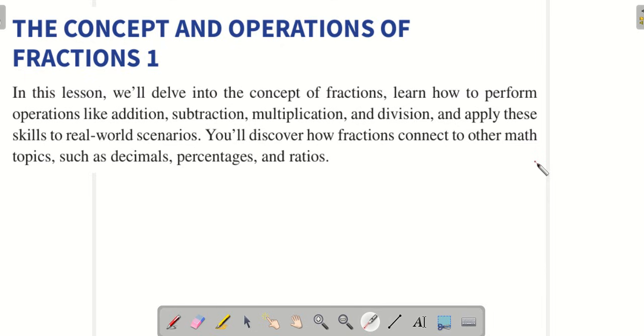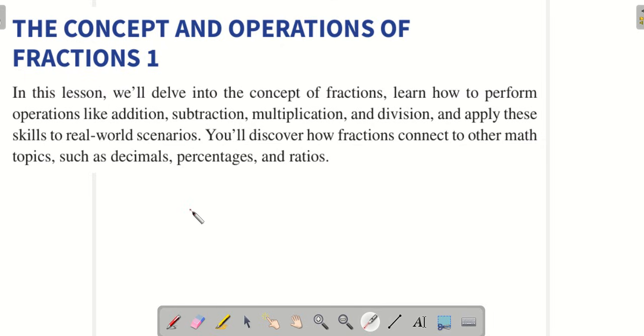The concepts and operations of fractions. In this lesson, we will delve into the concept of fractions, learning how to perform operations like addition, subtraction, multiplication, and division, and even apply these skills to real-world scenarios.